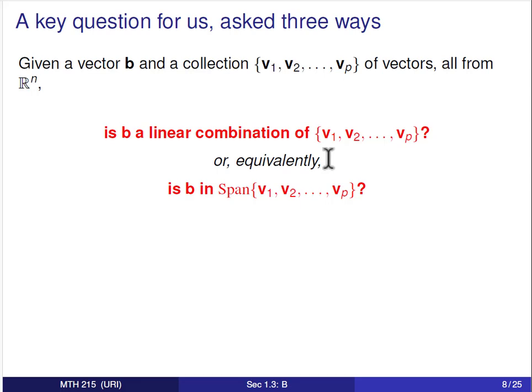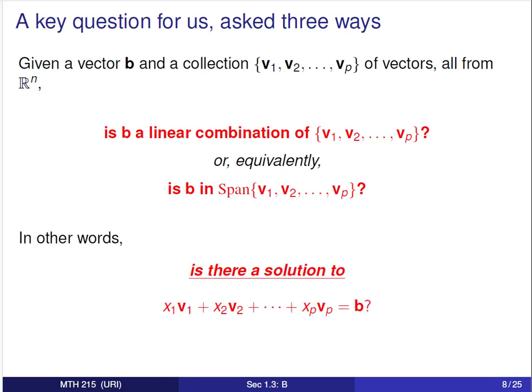Now, equivalently, you can ask the same question in this way. You can say, is b in the span of v1 through vp? Because remember that the span was the collection of all possible linear combinations. So asking if b is a linear combination and asking if b is in the span of those vectors is basically the same question. Next, if we think about what a linear combination is, we can also phrase this as, is there a solution to x1v1 plus x2v2 plus dot dot dot plus xpvp equals b?